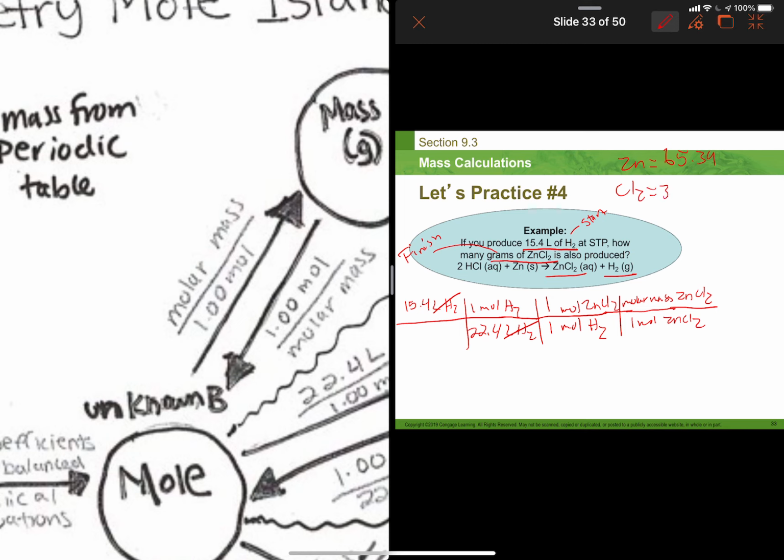Cl2 is 35.45 times 2. 35.45 times 2 is 70.90. We add that to 65.39. That's 136.29.